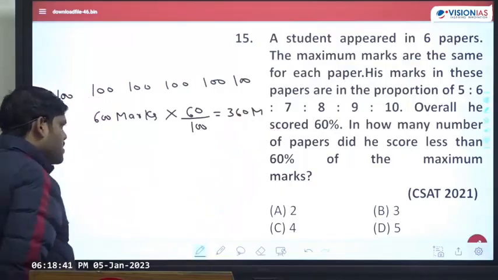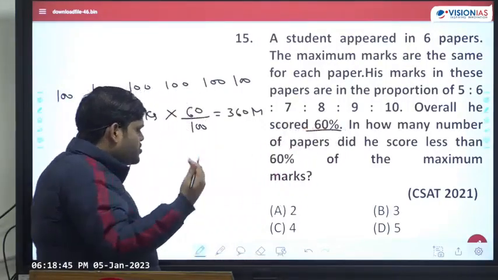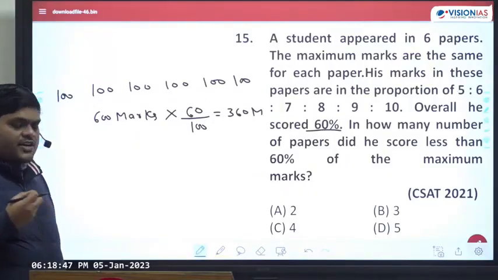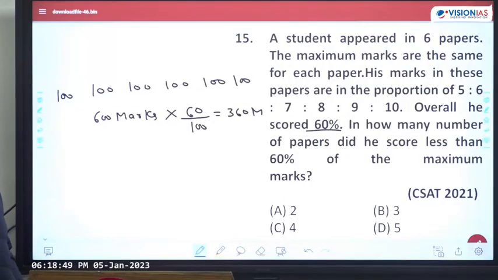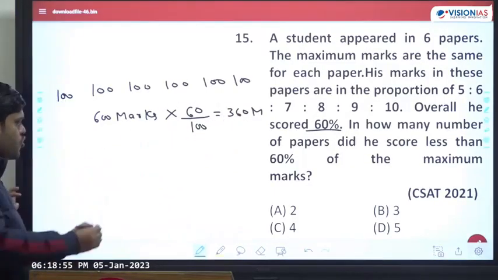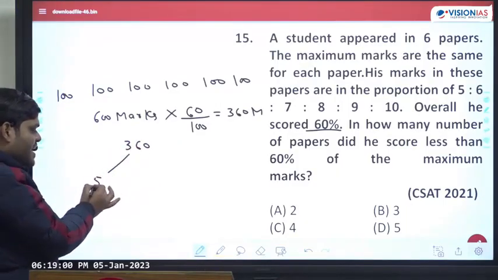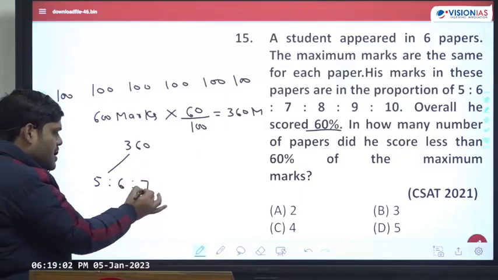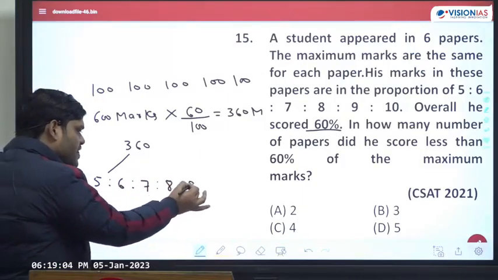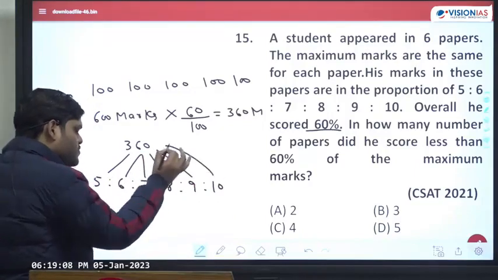Because of this, we cannot assume 5:6:7:8:9 exactly. So we have to get the answer from here. Total marks he scored is 360, and the marks of the 6 papers are in the ratio 5:6:7:8:9:10.